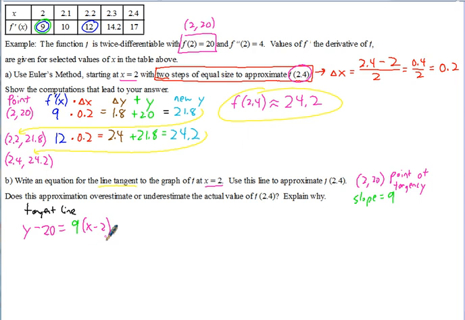And then here with the tangent line approximation, we just substitute in 2.4 into the tangent line, since we're trying to approximate f of 2.4. So you get y minus 20 equals 9 times 2.4 minus 2. 2.4 minus 2 is 0.4, times 9 gives you 3.6. Add the 20 gives you 23.6.